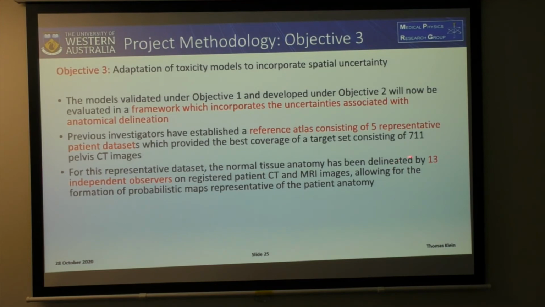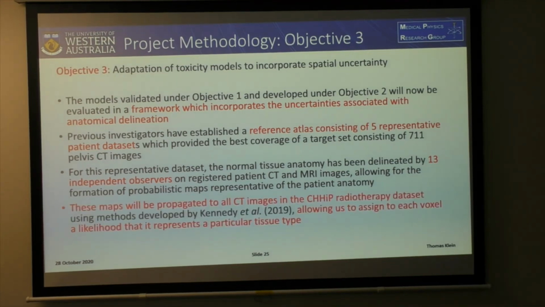We have had 13 independent observers delineate these CT images, producing probabilistic maps representative of the patient anatomy. We want to propagate these maps to the entire CHIP radiotherapy dataset, which will allow us to assign each voxel a probability that it represents a particular tissue type.